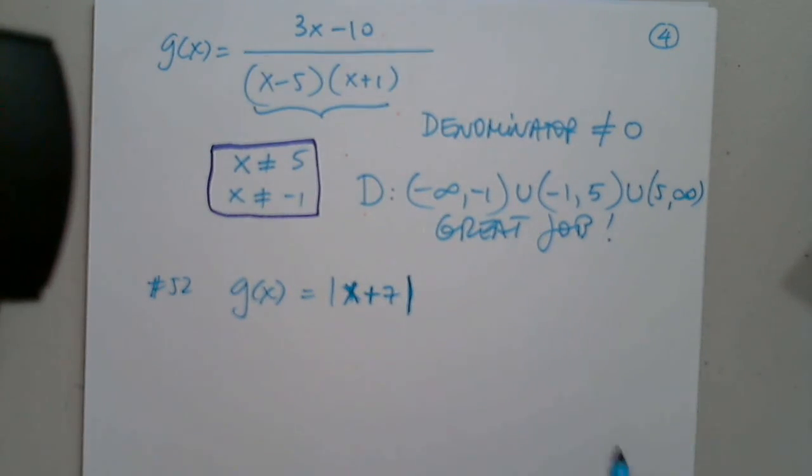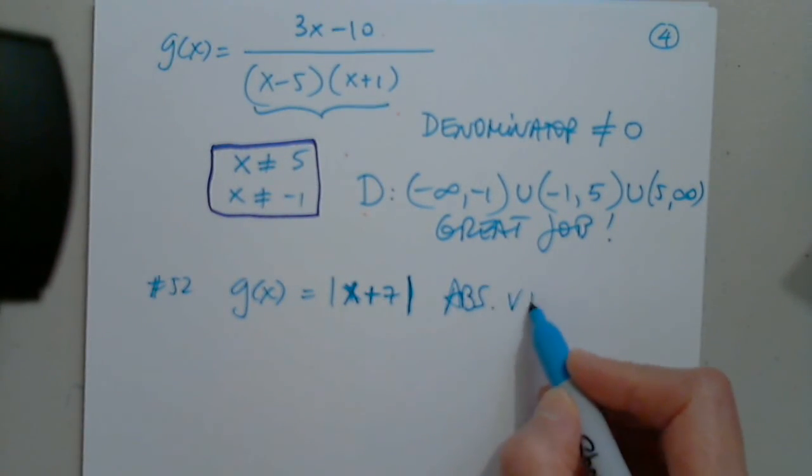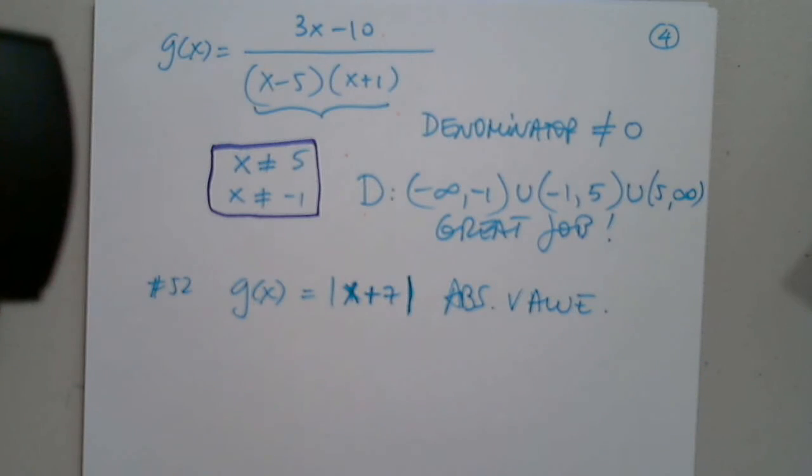An absolute value function. Very good. What is the domain of this function? All real numbers. Very good. No restrictions whatsoever. If I give you any x, 1500 or -3 or any number, you will be able to determine a value for that function.